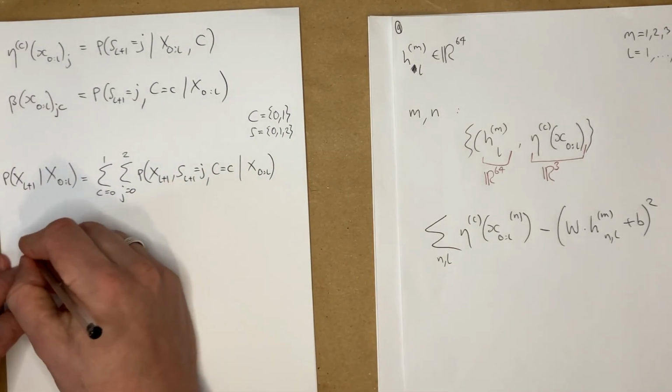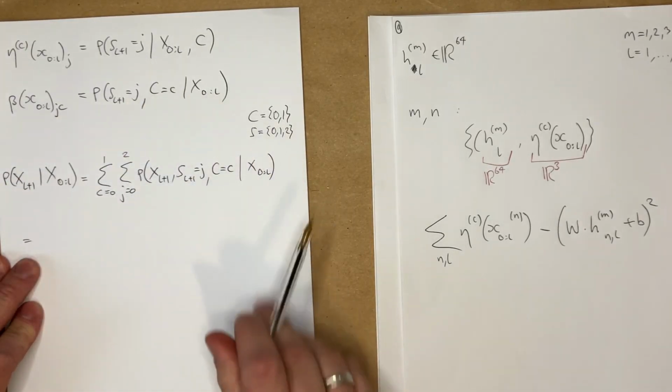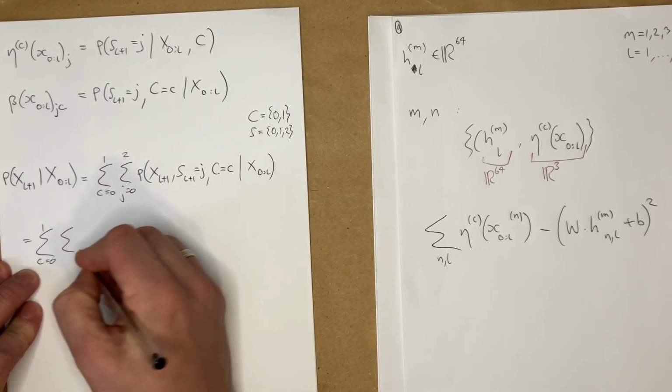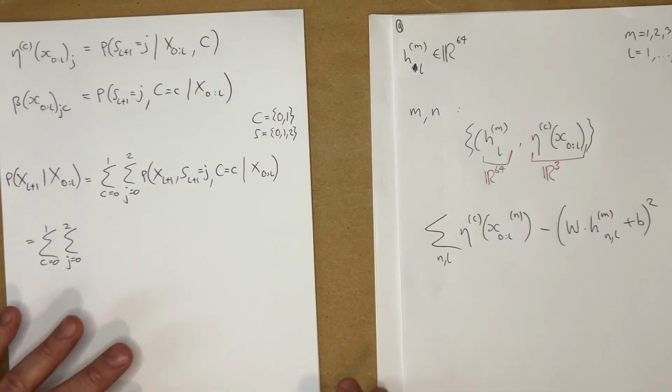The next thing I can do is use the product rule to factorize this out and try and recover beta. If I write this out again, I do prefer writing these sums out in a slightly verbose way.